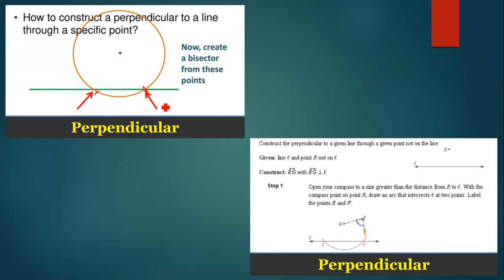With these points you have to construct the perpendicular to a given line. Then open your compass to a size greater than the distance from R to L. Make an arc with the compass point on R and label the intersections E and F. So let's take this as point E and this as point F.